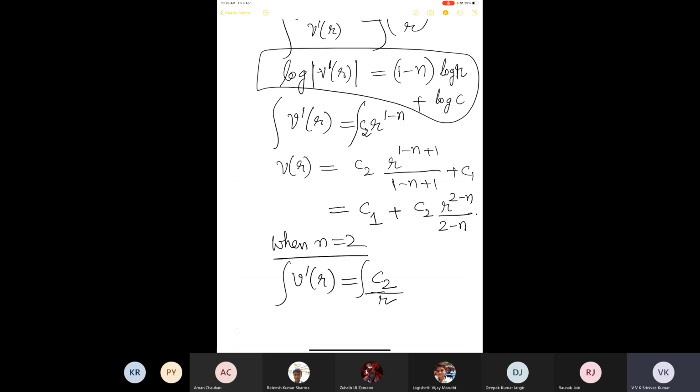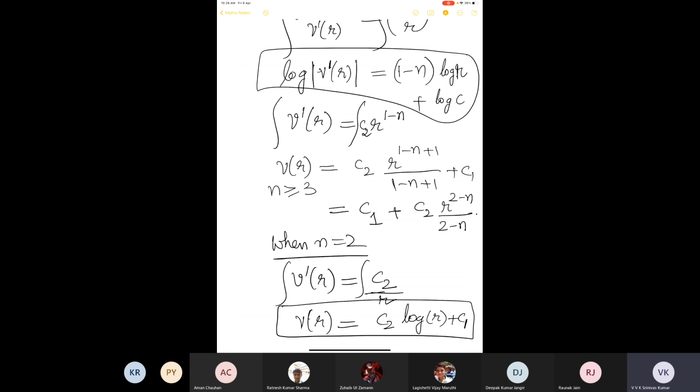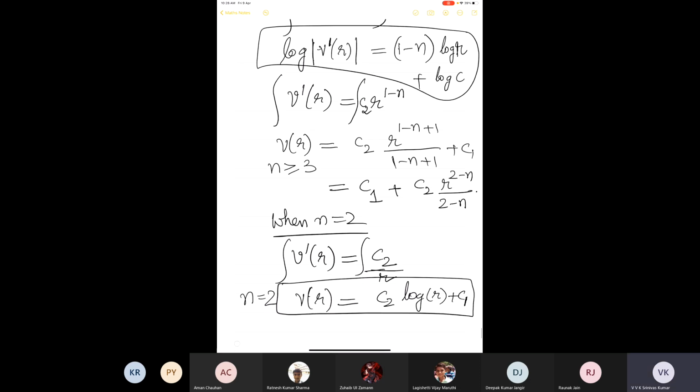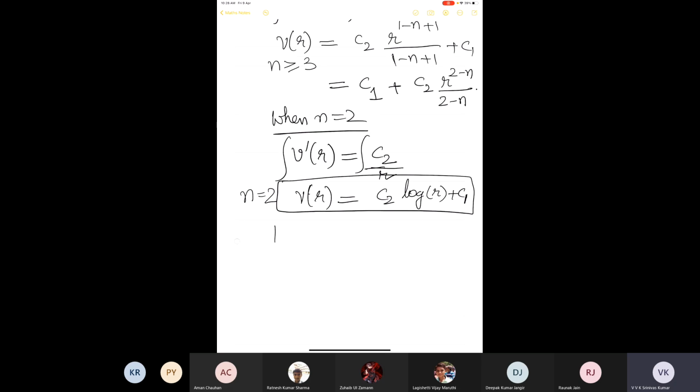So integrate both sides. V of r is equal to c2 log r plus c. So this v of r is for n greater than or equal to 3, and this is for n equal to 2.